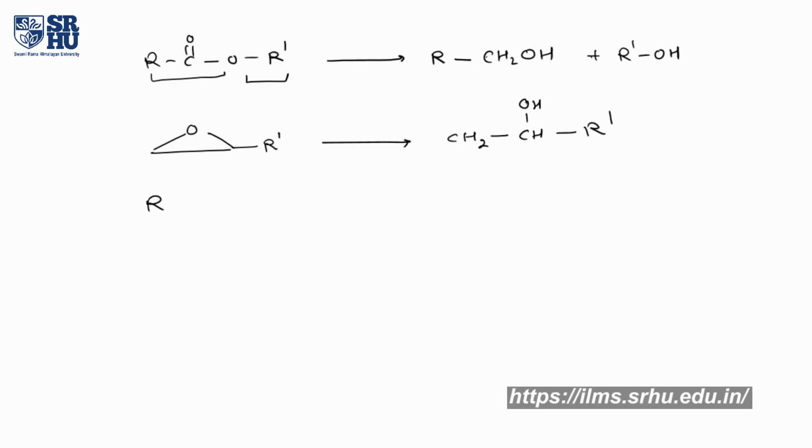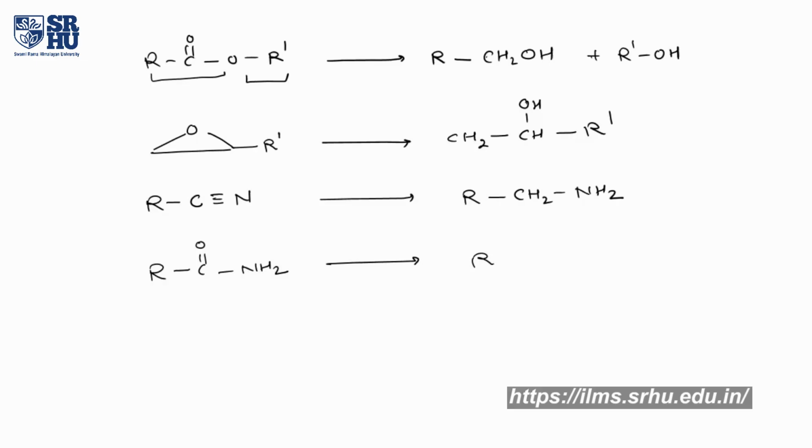We can also reduce cyanide or nitrile by LiAlH4, and it will convert it into amine. We can also reduce amide by LiAlH4, and it will also get converted into amines.